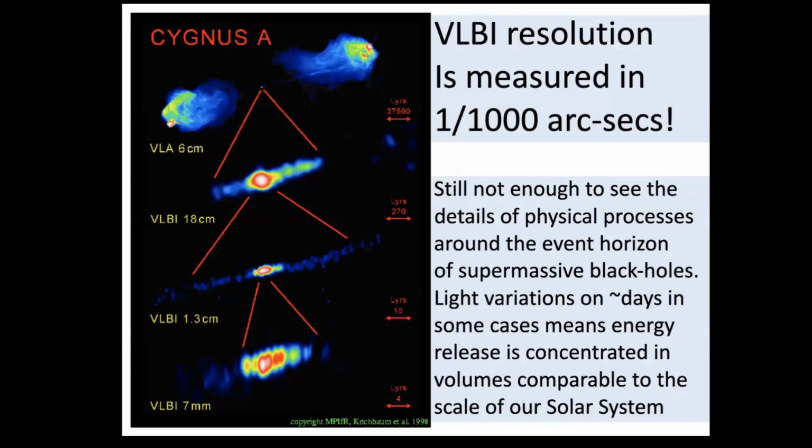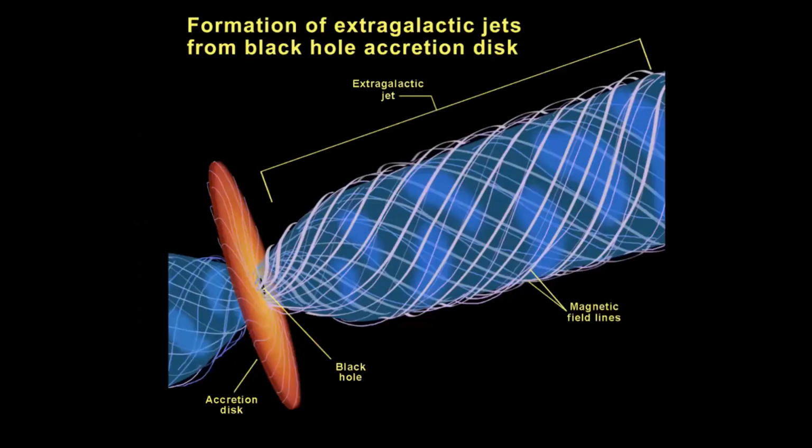So, as I said, even when we go to the very finest resolution observations with conventional very long baseline interferometry, we still can't quite see what's going on down in the middle. But we think it's something like this: a black hole and stuff is getting sucked into it, and it spins around in a disk, and there's some very complicated physics, not completely understood, which is generating jets on either side of the accretion disk.